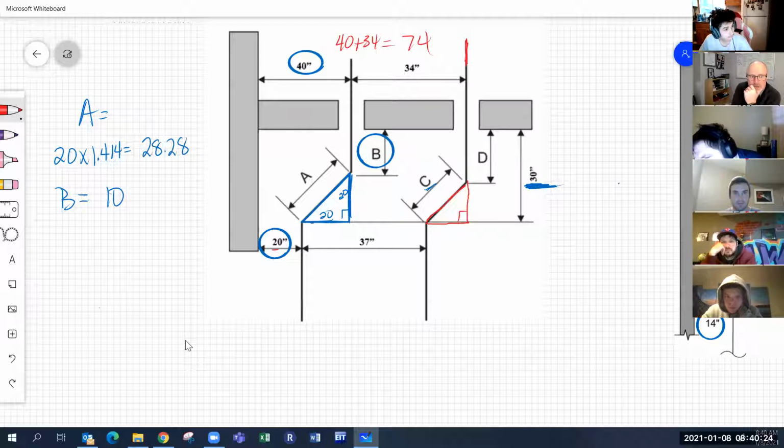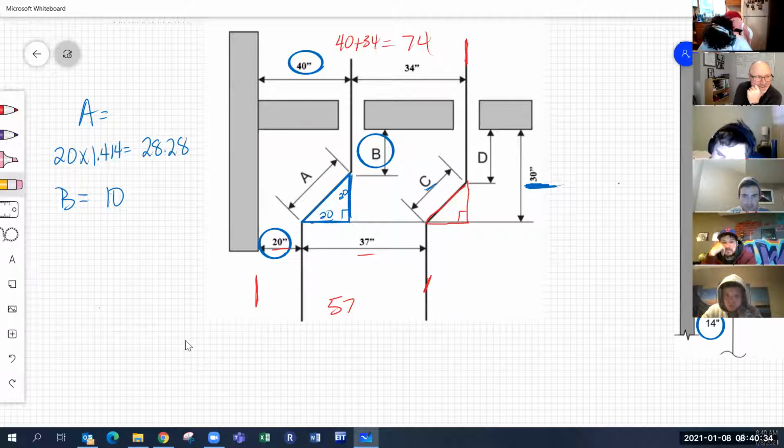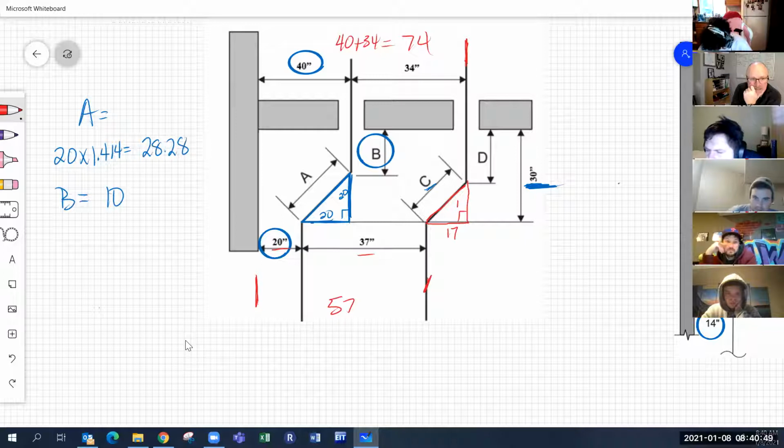And 20 plus 37, so this is 57 from the wall to here, sorry. And I will simply minus these off. 74 minus 57 is equal to 17. So this line is 17. This line has to be 17.